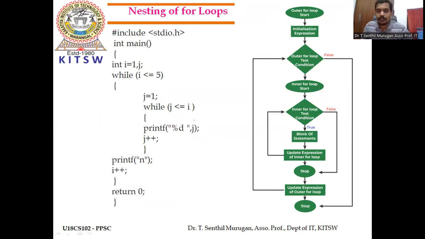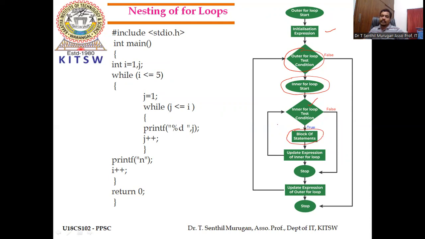So see this structure. First, the initialization expression. Then the outer for loop test condition it will check. If the condition is true, then the inner for loop will start. The inner for loop test condition will be checked. If it is true, the block of statements will be executed.